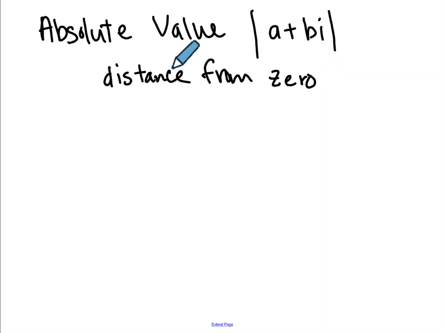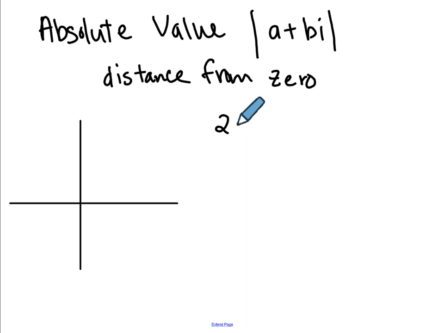In order to find the distance from 0, it would be helpful if I put this on an XY plane. So let's look at an example. Let's plot the point 2 plus 3i.